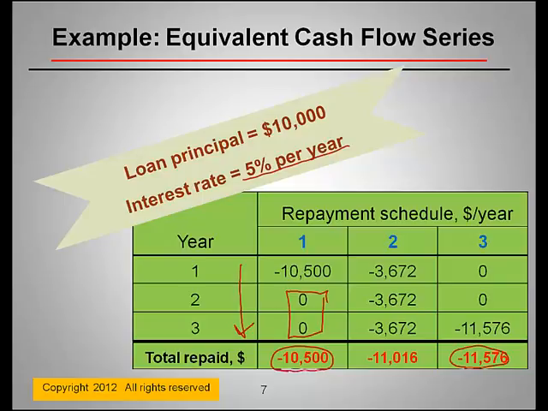Plan 3 allows the borrower to pay nothing for the first 2 years and pay everything at the end of the 3rd year. This Plan 3 is accumulating interest at 5% per year during these first 2 years of non-payment, therefore increasing the outstanding balance that is due in year 3.